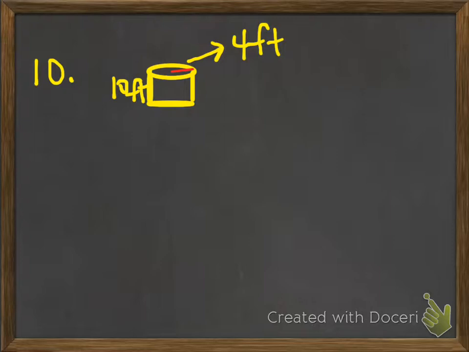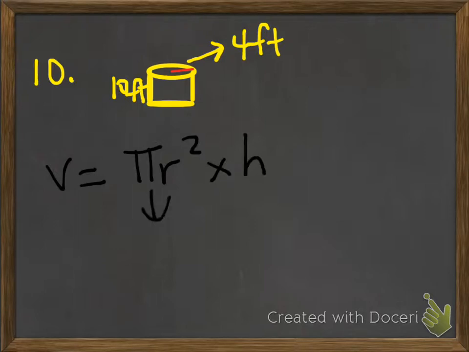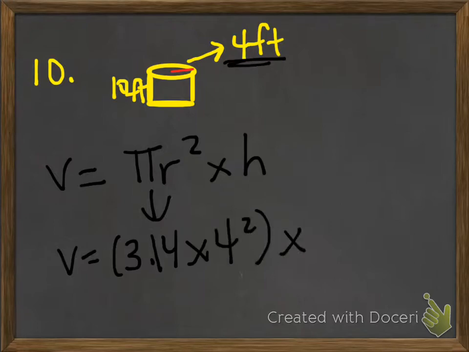Okay, this is where we use the volume equals pi times radius to the second power times the height. Okay, so we're going to use here 3.14 times the 4, that's the radius, 4 to the second power, times the height, which is a 10.